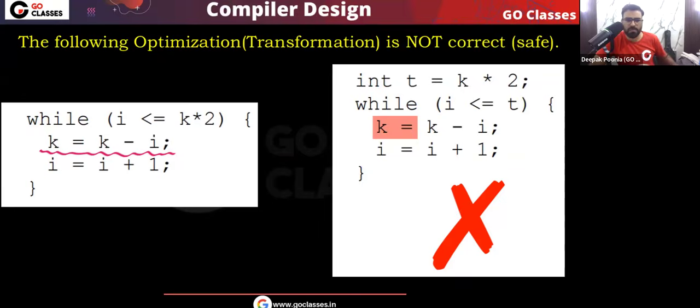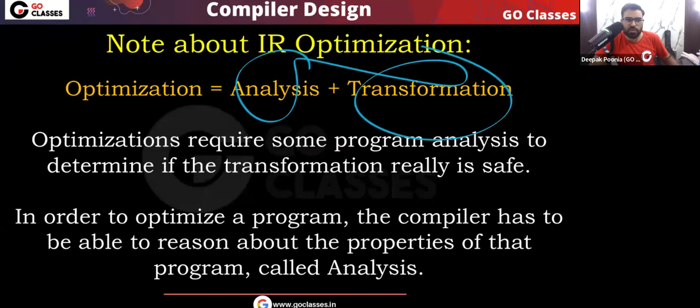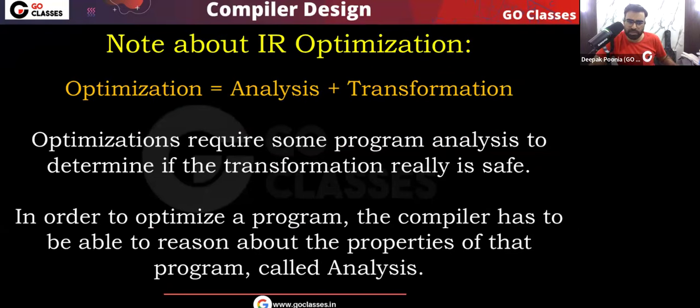I hope you understood. Now let's see the next point. Let me tell you, optimization means analysis plus transformation. This is a very important point. As we move on, you will see this is really very important. When we study specific types of optimizations, this point will become very important. So remember, optimization means analysis plus transformation.